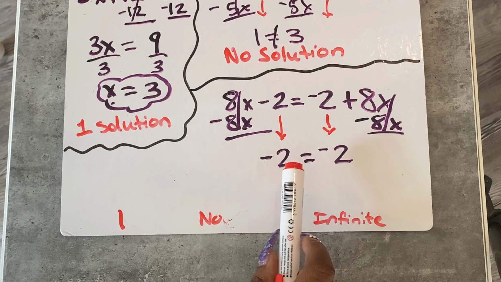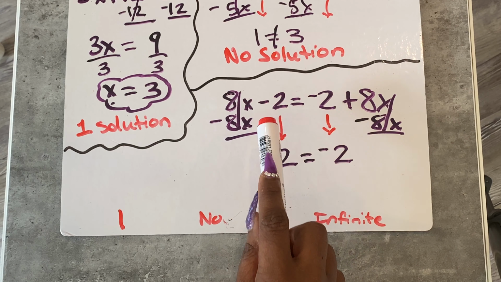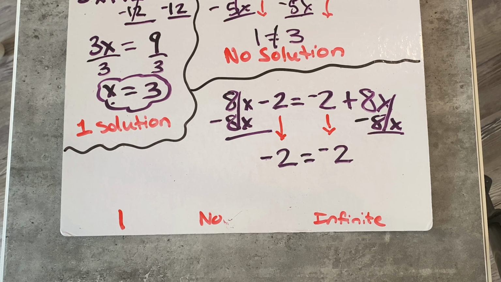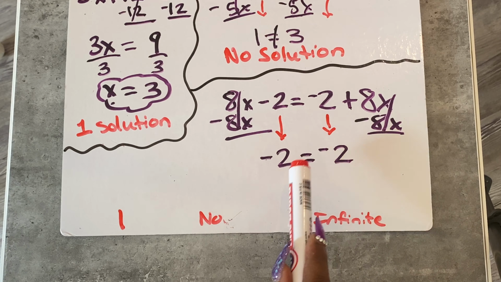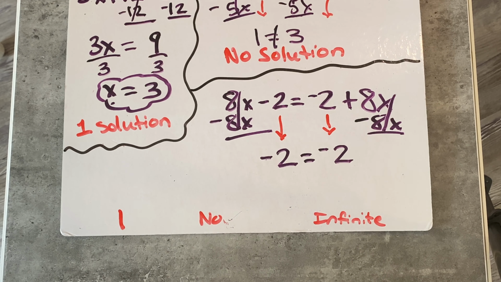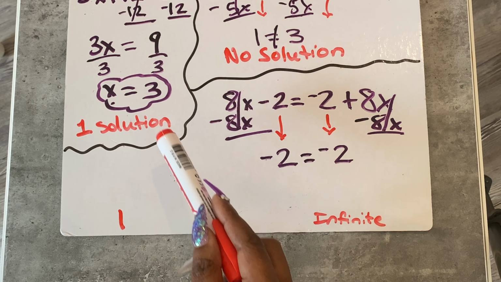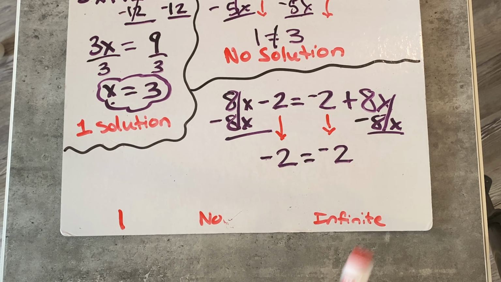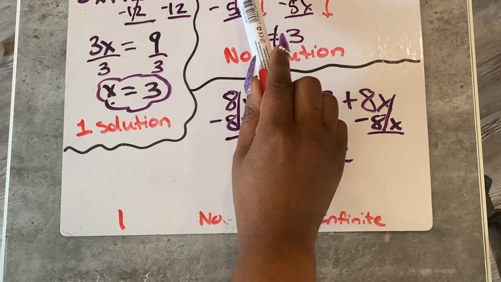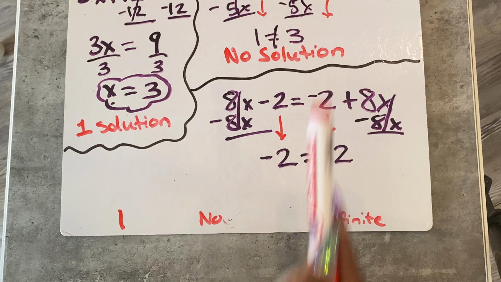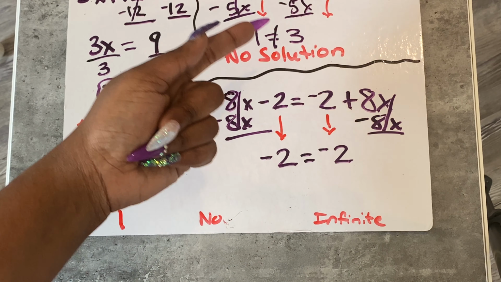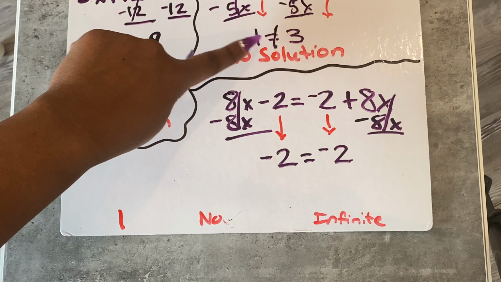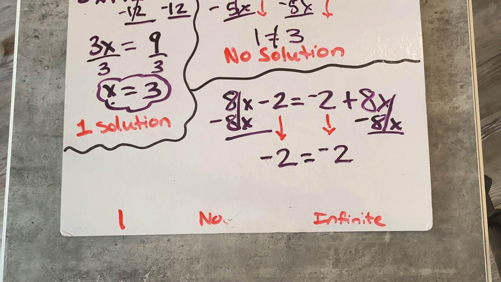What they're saying is, no matter what number you put in for x, this will always be true. So if x is 3, it's going to be 3 on this side and 3 on that side. It's always going to be true. As opposed to up here, if you put a 3 in for x, you're still never going to have the number on the left equaling the number on the right.